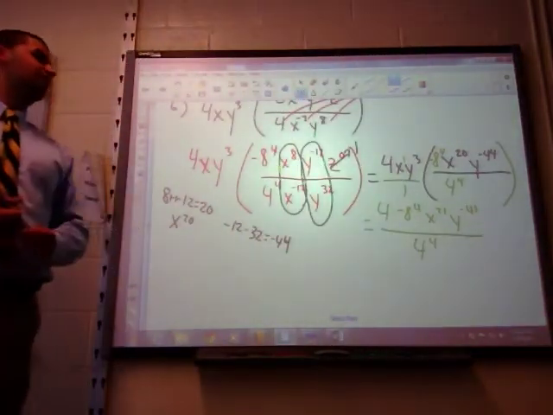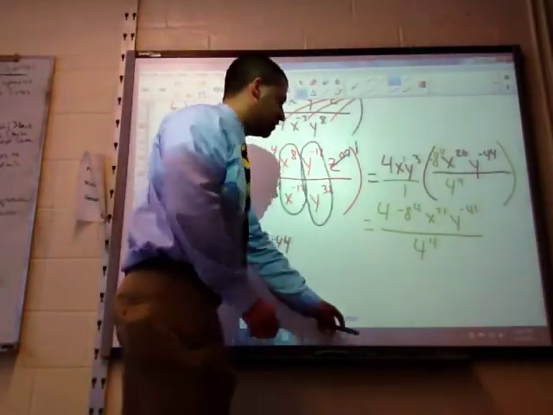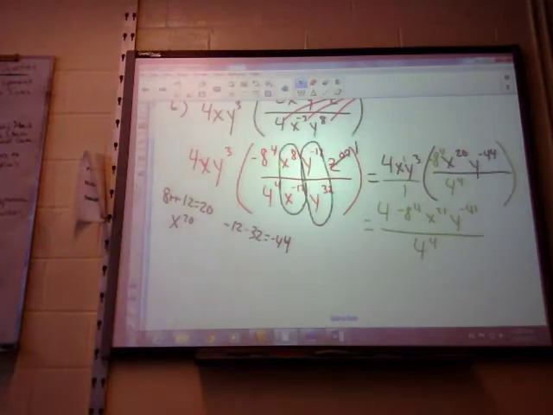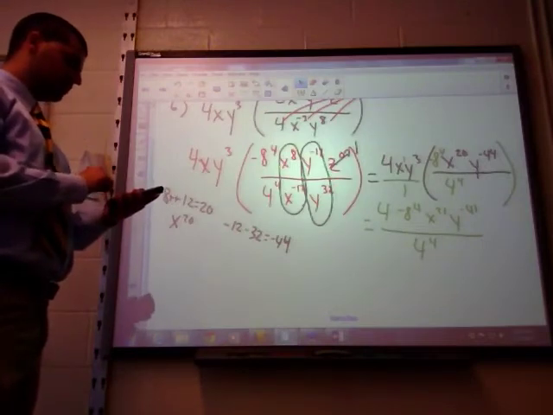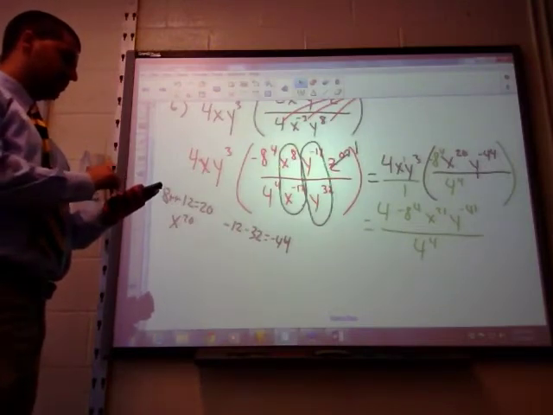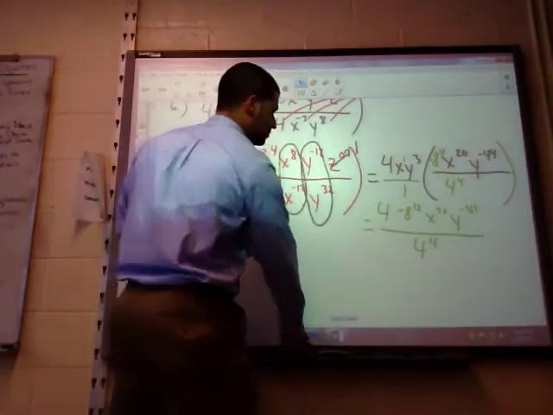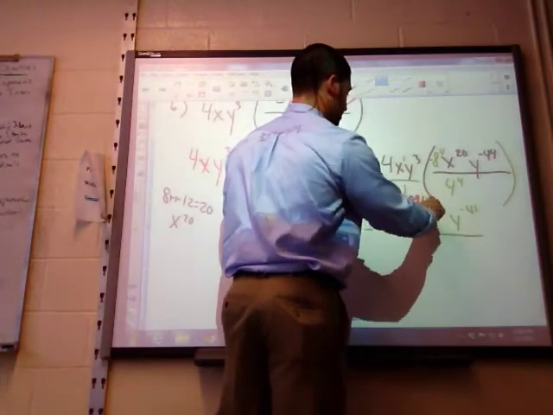Now, when you get to this point and you have numbers like negative 8 to the 4th, you can simplify that. And 4 to the 4th, you can simplify that as well. So, I'm going to do that, just to make my life easier. Notice there's no parenthesis around the negative 8, so you don't use a parenthesis. And this becomes negative 4,096.